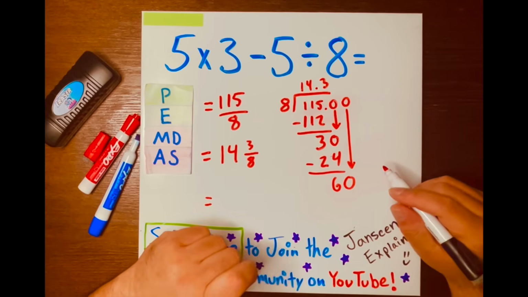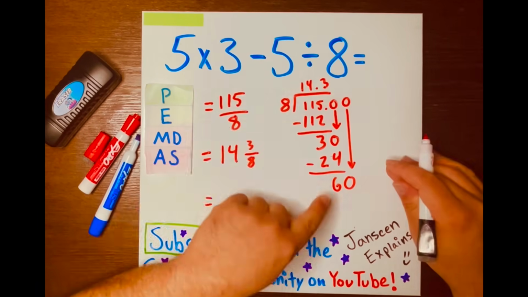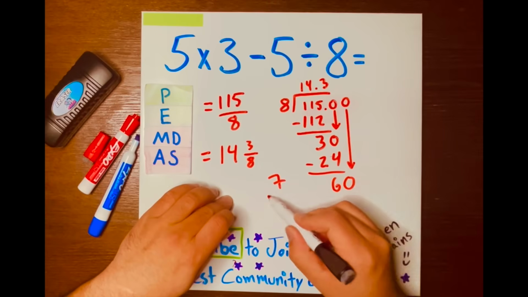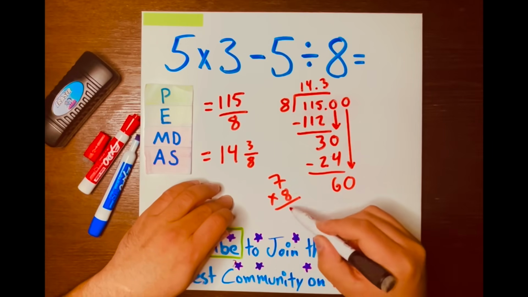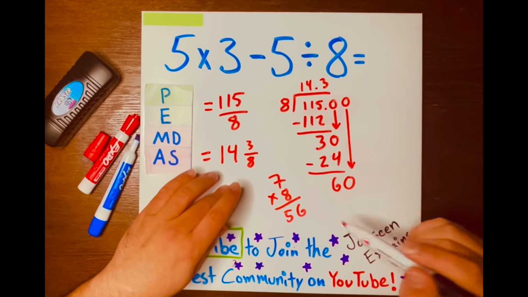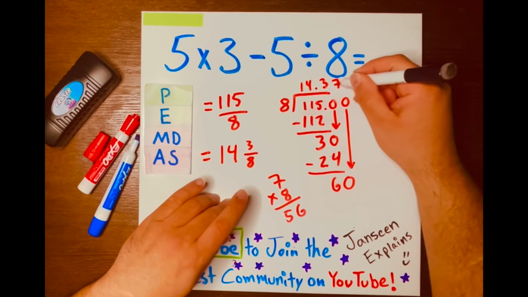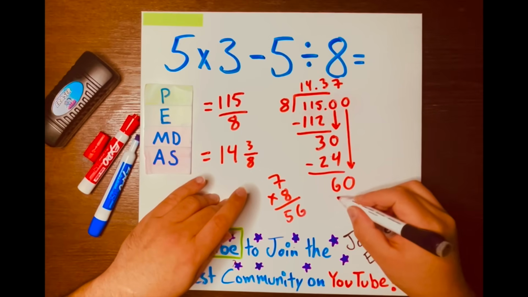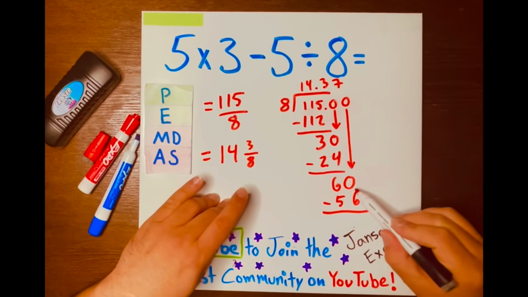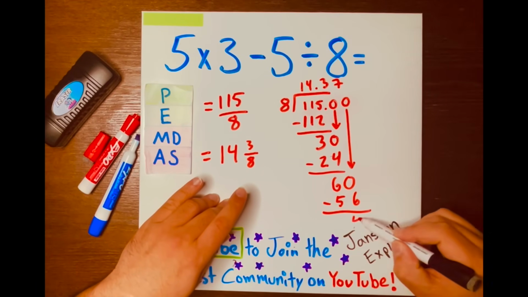So how many times can 8 fit into 60? Well, I know that 7 times 8 is 56, and that's close enough to 60. So it'll be 7. And now we subtract 60 minus 56, it's 4.